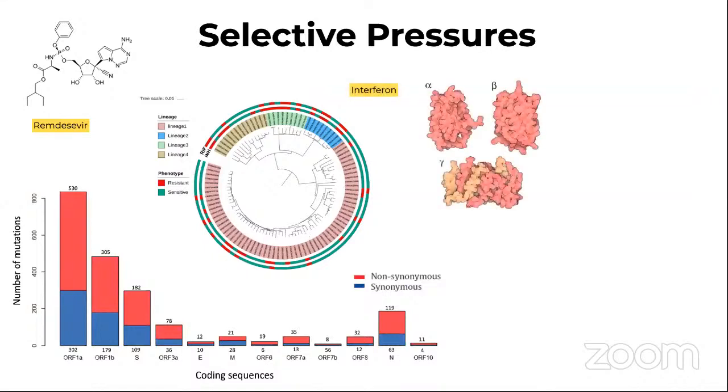The second one is interferon. Because there is a balance that ultimately is the most beneficial to the virus, where the host doesn't die, the host continues to live, but also the pressure is not strong enough to eliminate the viral population. When that balance is achieved, that is the optimal situation for the virus.